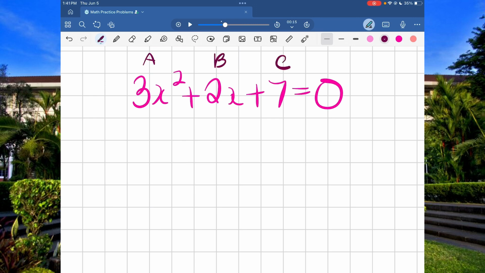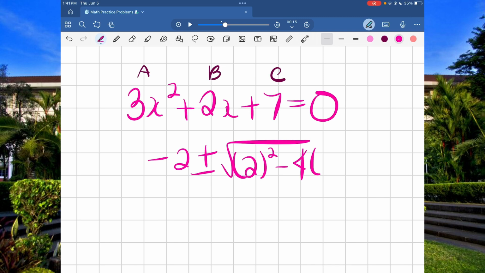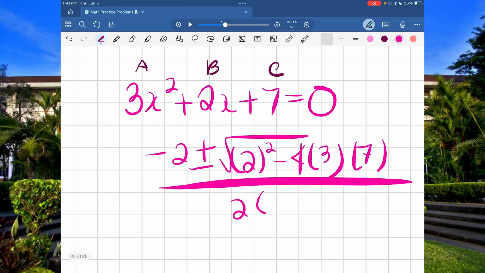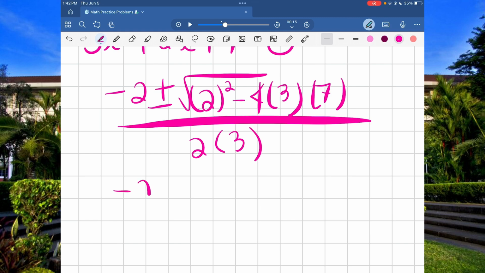So once again, a, b, c. Substitute. We will have negative 2 plus or minus the square root of 2 squared minus 4ac, divided by 2 times 3.